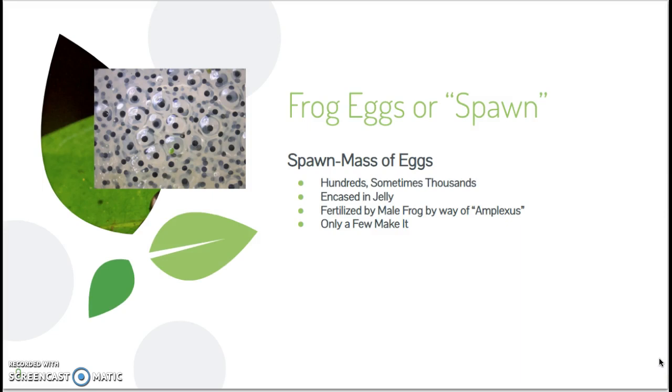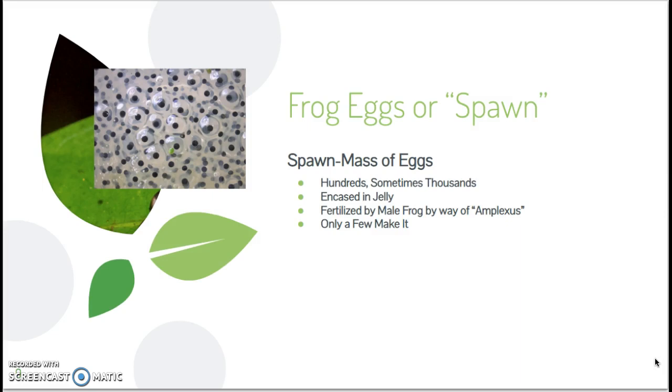So they begin as an egg, just like the butterfly. They are also laid by the adult female in a mass called frog spawn, hundreds, sometimes even thousands of eggs, and they're encased in a jelly-like substance which helps to protect the individual egg from predators before they hatch.